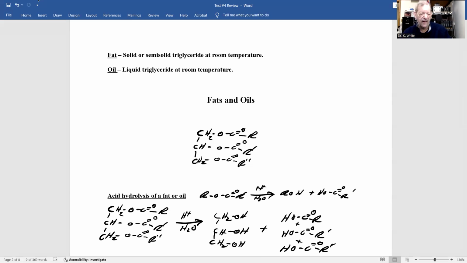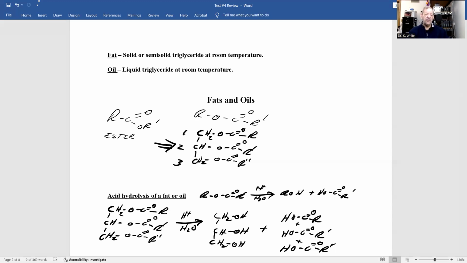And instead of writing an ester this way, fats and oil chemists write it this way. And if you look at the triglyceride I have here, there are 3 esters. 1, 2, 3.